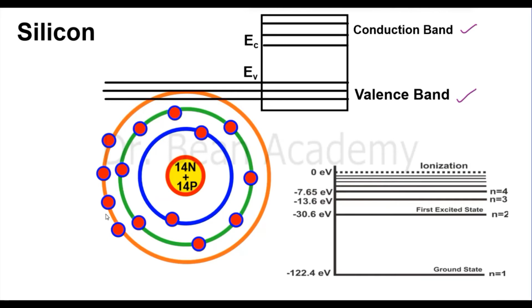Instead of showing an atom and then the outermost electron and showing that I give enough energy to this electron to snatch it away, instead I can present them in bands. For example, I say, okay, here I have the valence band. In the valence band, I will imagine that those electrons are actually here. So I will show them like this.